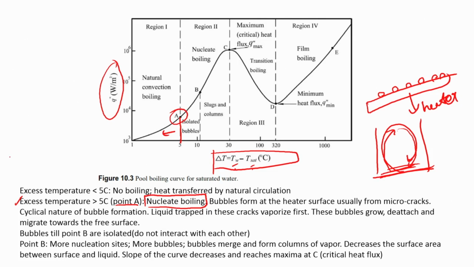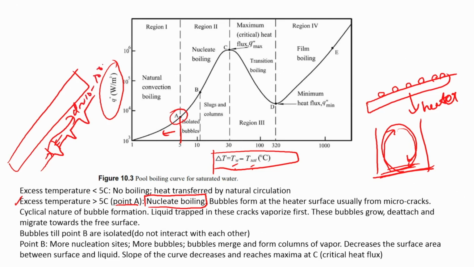If you look at this heater surface, in a macroscopic view it might look very smooth. If you take a microscope and start to look inside, you will find that there are cracks of different kinds, and these cracks will have dimensions D of the order of say 10 micron, 100 micron, etc. So these cracks serve as nucleation points.